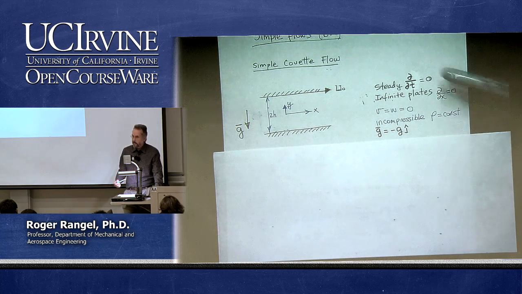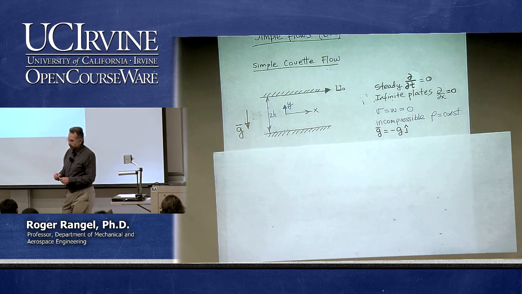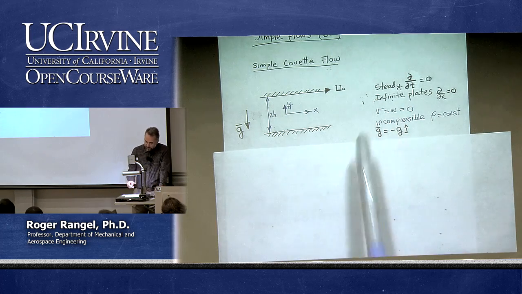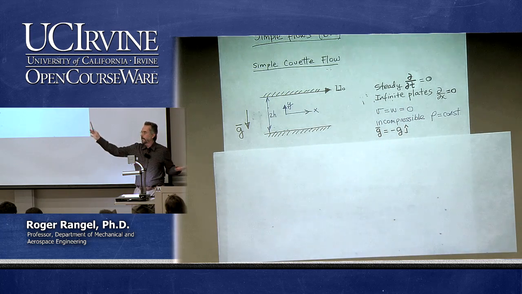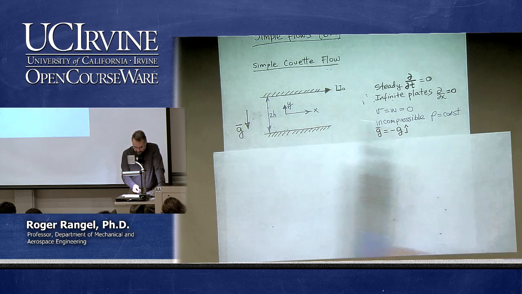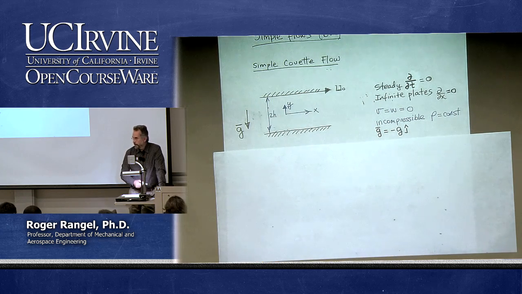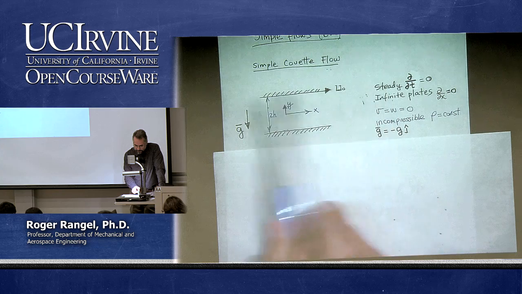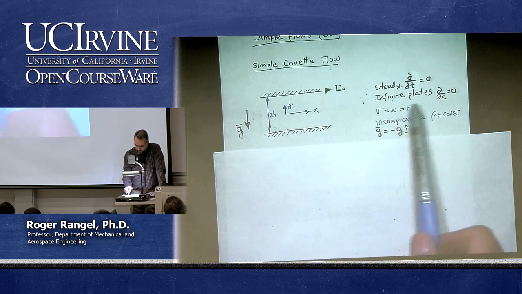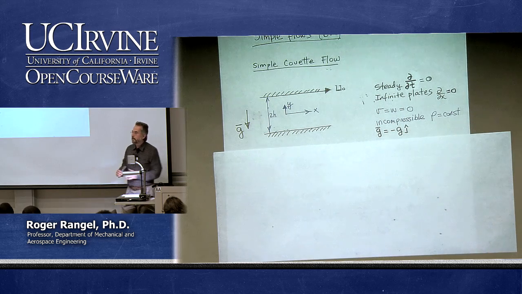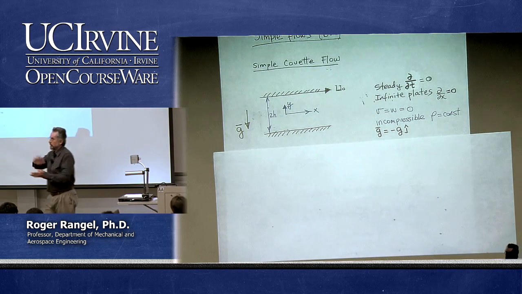So first of all, steady. We're going to assume that the flow is steady. There is no time dependence. We're going to assume, as I said at the beginning, that these plates are very large in both the x direction and, of course, the z direction, which is normal to the paper. And if the plates are very large in the x direction, then the conclusion is that there should be no derivatives of velocity in the x direction.